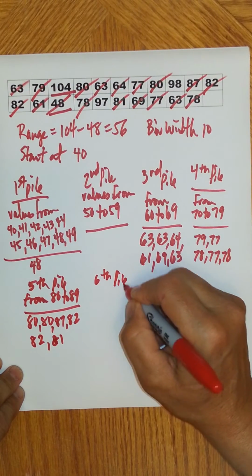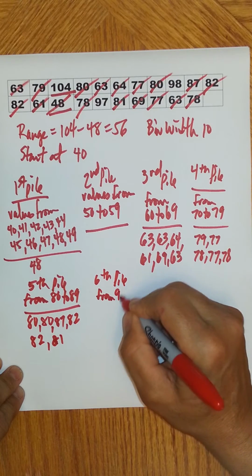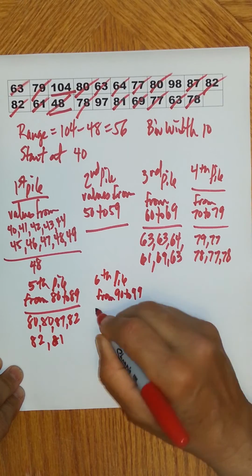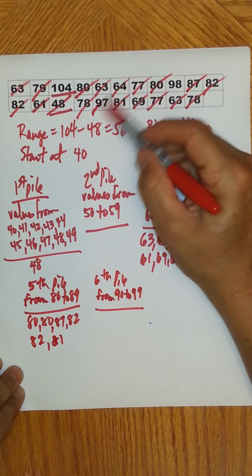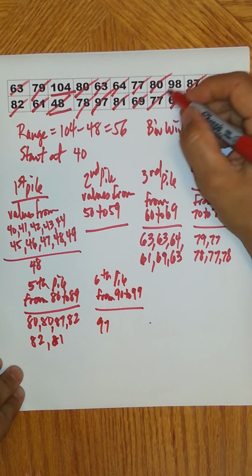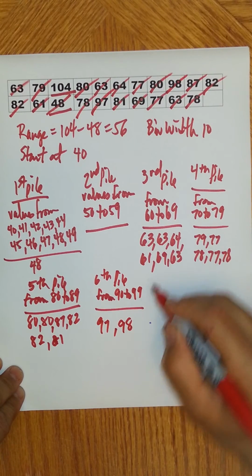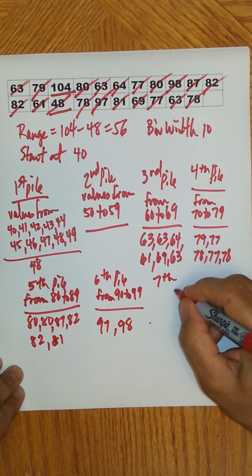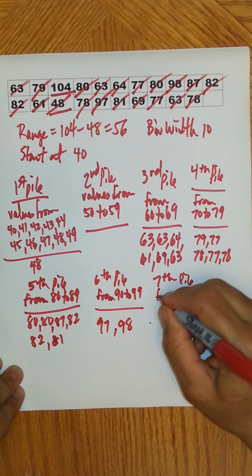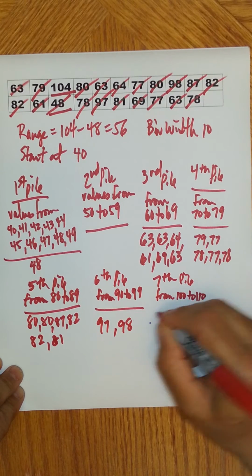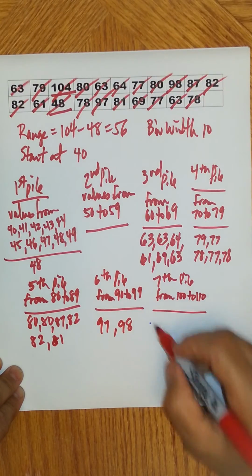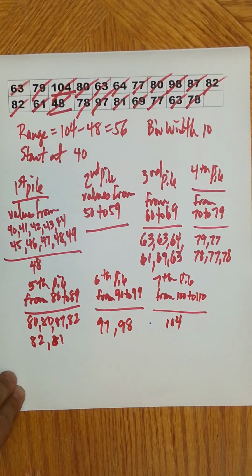Sixth pile from 90 to 99. And we have, let's see here, 97. And here 98. And finally the seventh pile is going to have values from 100 to 110. And there's one value left, 104. Now that we've surpassed that, we're done with the sorting process.